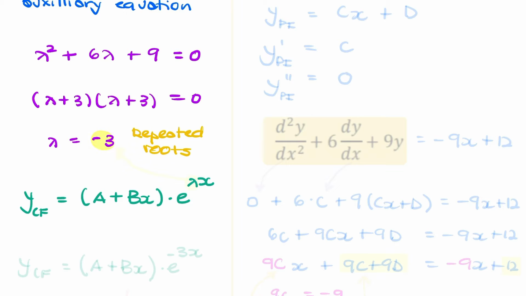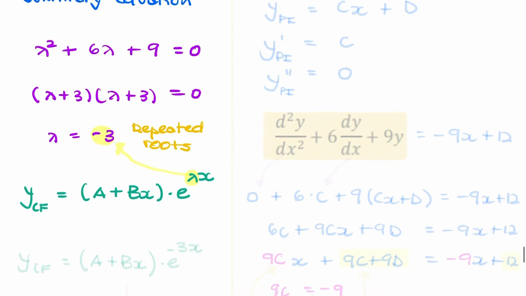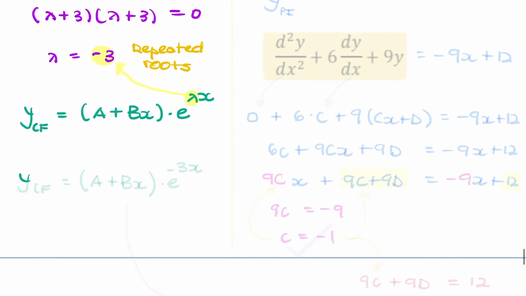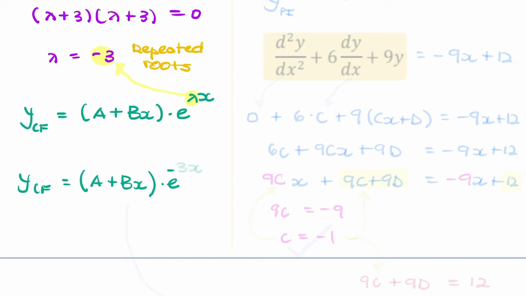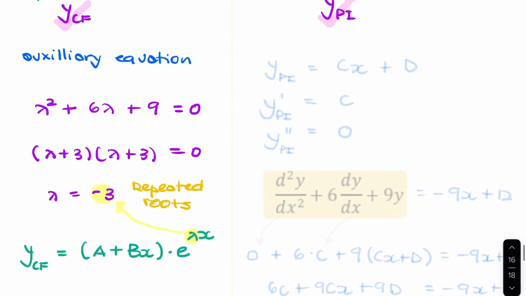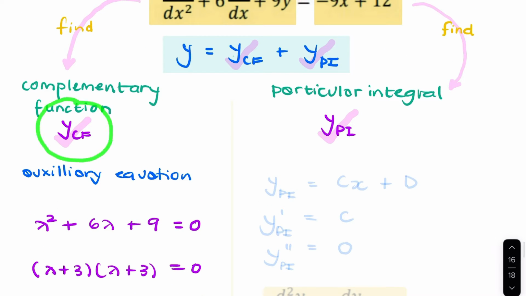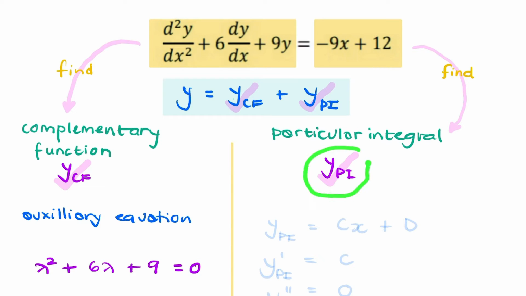So in this case, where lambda is -3, we can write our complementary function, our general solution, as y equals (a plus bx), where a and b are constants that we don't know, times e to the -3x. The next thing we need to do is to find YPI, or the particular integral.